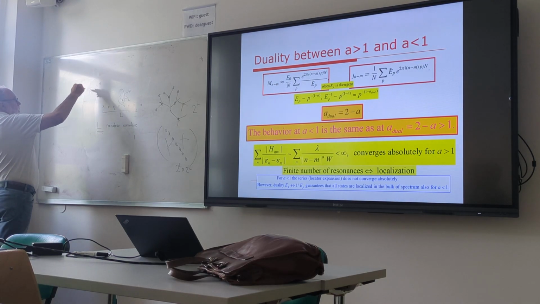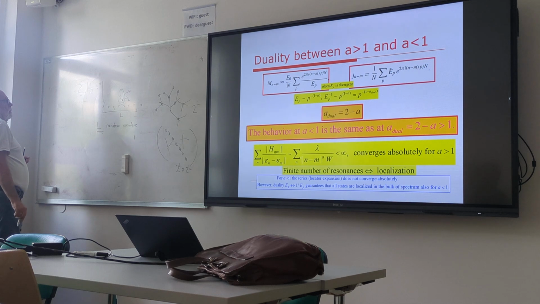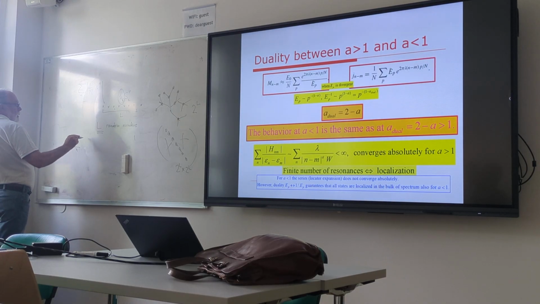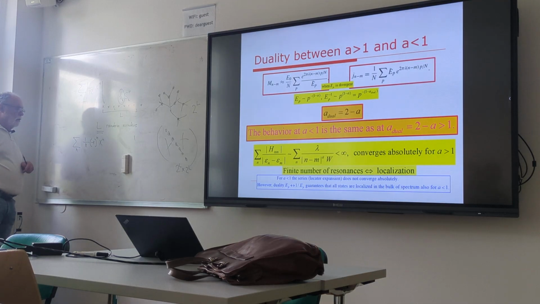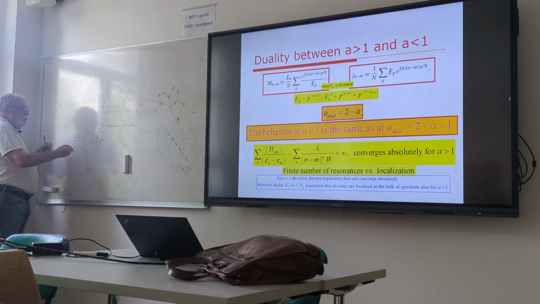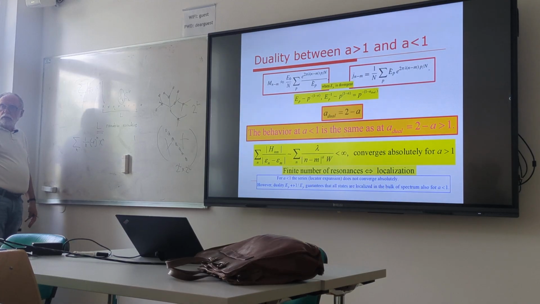So I can put here the absolute value and it will be convergent. But suppose I have a different series, like 1 over n, minus 1 to the n, x to the n. If I take the absolute value, it will be divergent as a harmonic series. But this series is convergent.